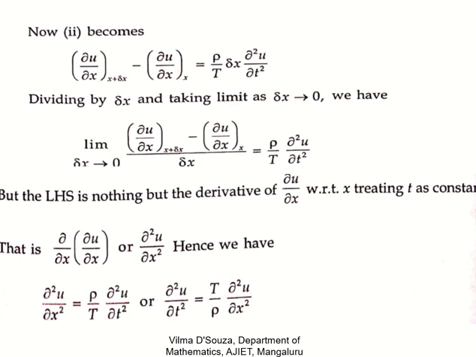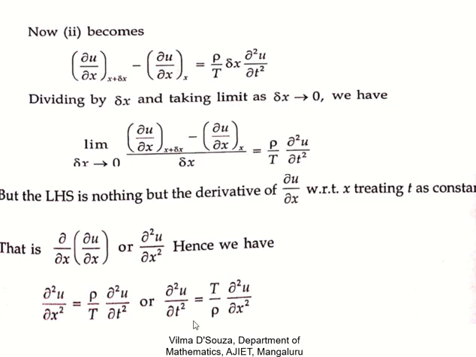So hence we have ∂²u/∂x² is equal to rho by T ∂²u/∂t², or you can also write this as ∂²u/∂t² is equal to, shift this rho by T to the other side, it becomes T by rho. ∂²u/∂t² is equal to T by rho ∂²u/∂x².